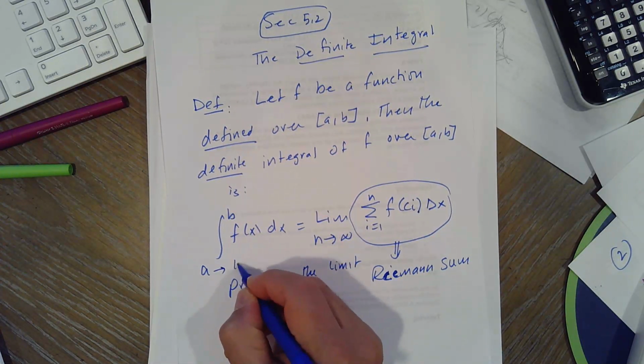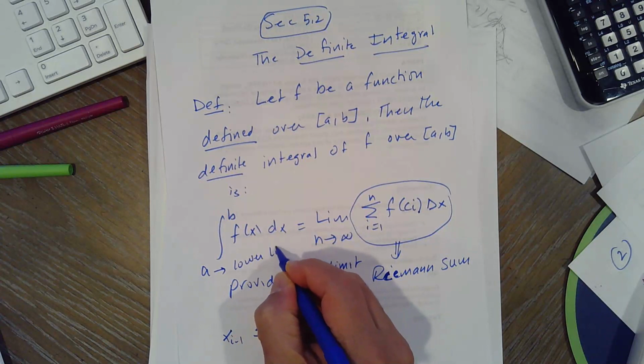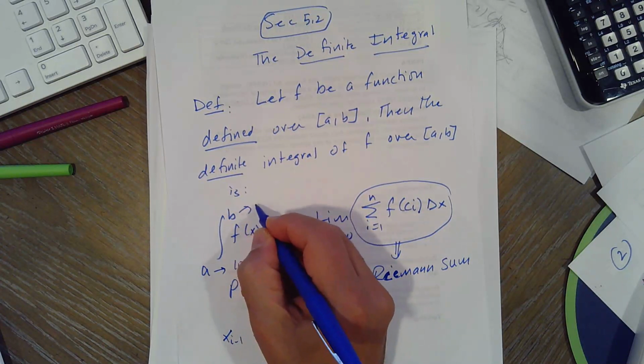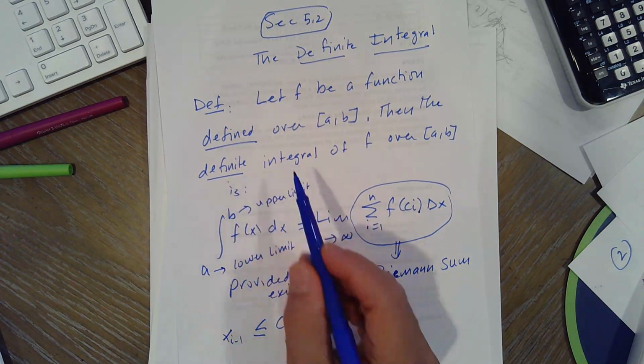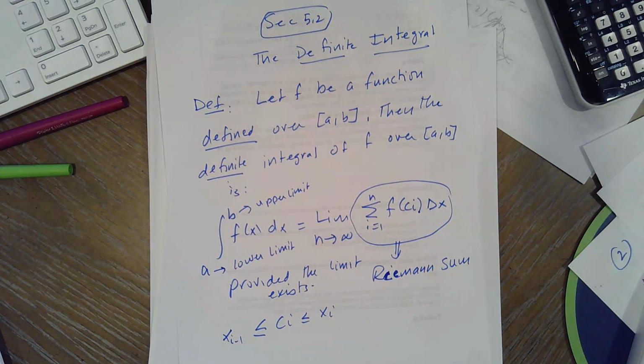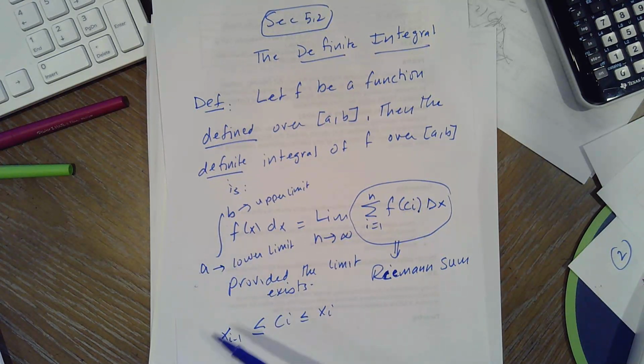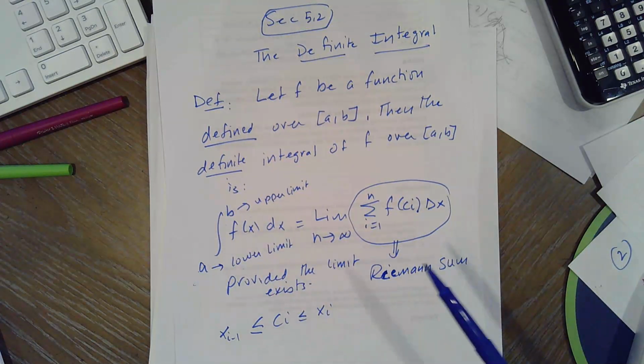a is called the lower limit of the integral, and b is called the upper limit. And it's called the definite integral. Remember, what we did in 5.9 was the indefinite integral, which is the antiderivative. It had no limits. This one has a lower limit and an upper limit.